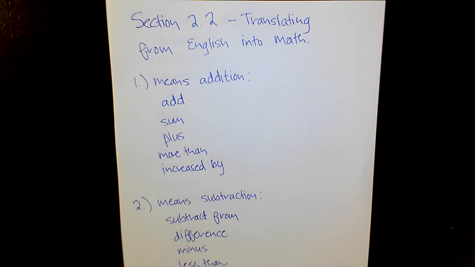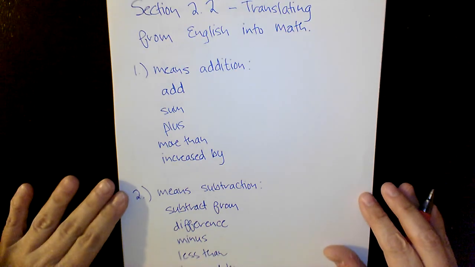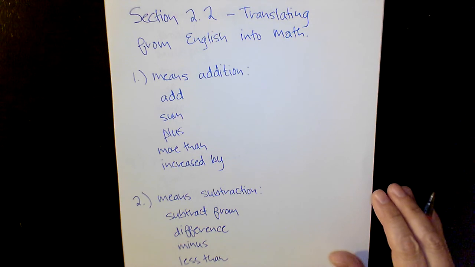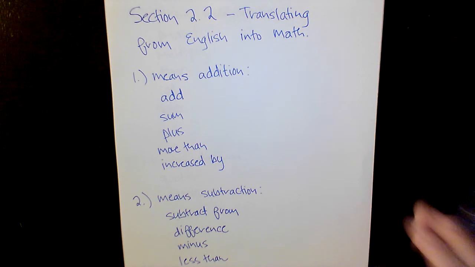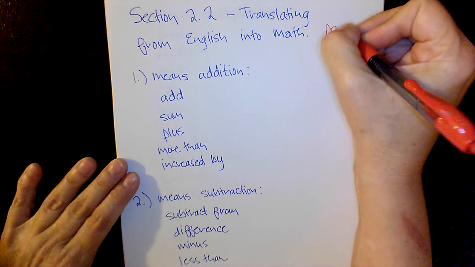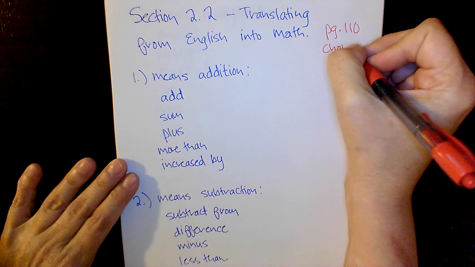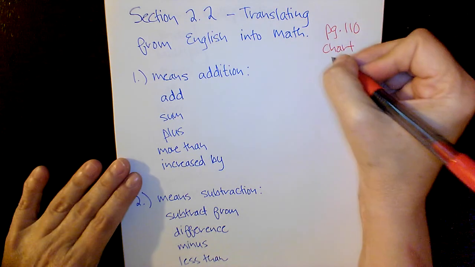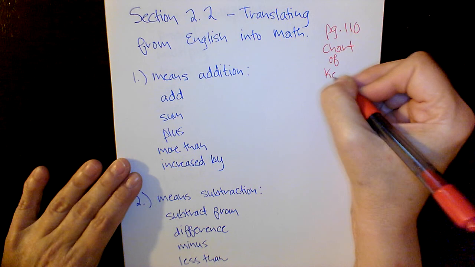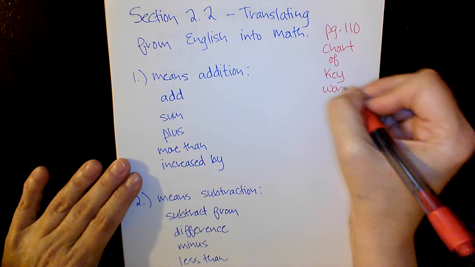Okay, Math 90, this is section 2.2, where we are learning how to translate from English into math. If you have your book on page 110, there's a chart of keywords.